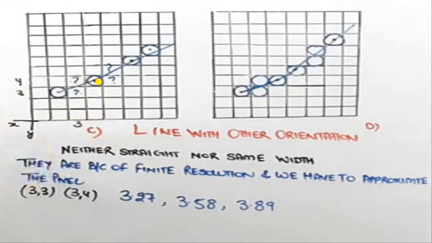So the grid that glows is this column, 3 comma 4. The line is not touching the 3 comma 3 grid; we are touching the grid 3 comma 4. The line is coming and going like this.